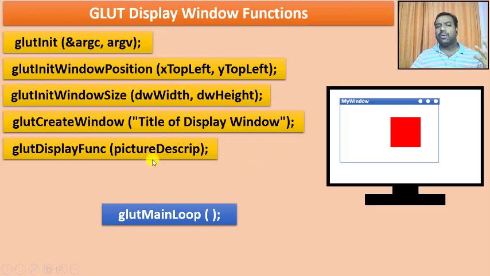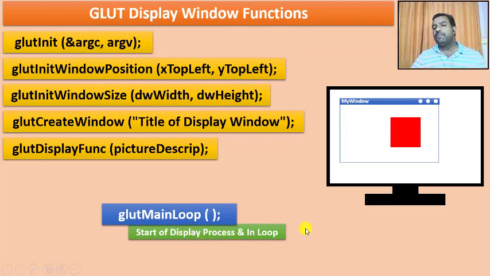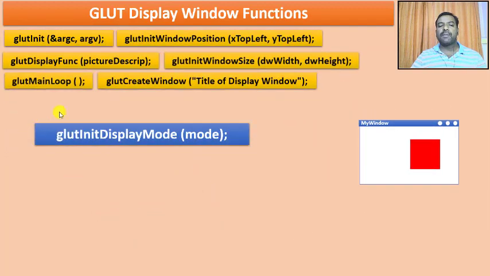Now once all this is set, you need to trigger the execution, or you need to have the starting point of the execution of your program or OpenGL execution. That is what we start with the glutMainLoop API, the start of the display process, which will be in a continuous loop. Hence I need to make sure I am going to have the glutMainLoop function also.